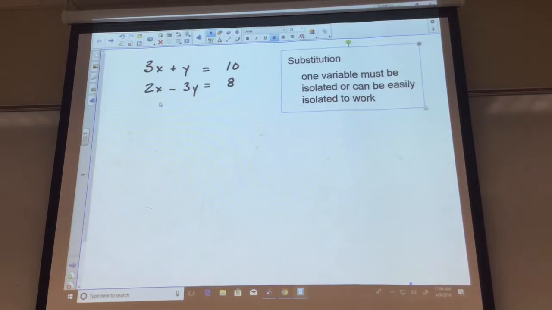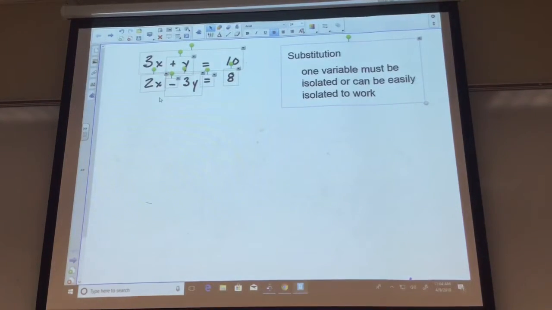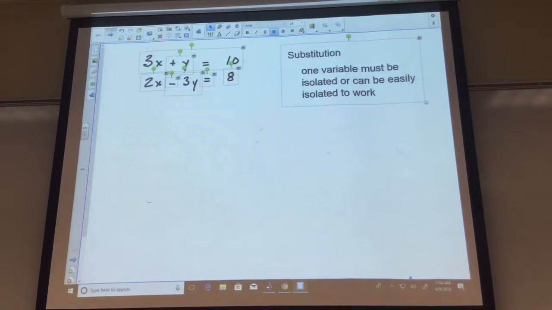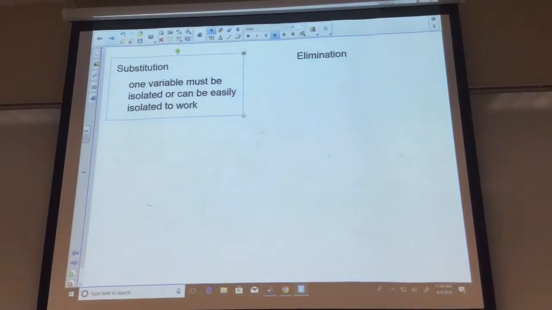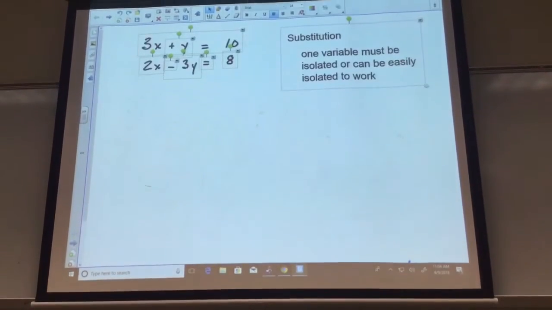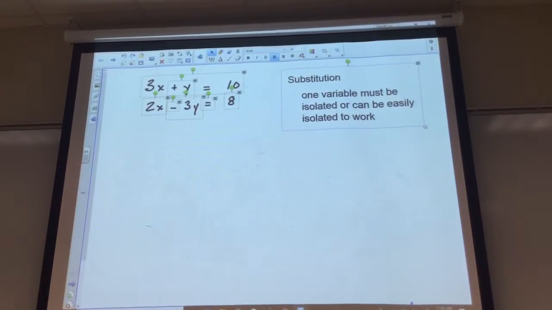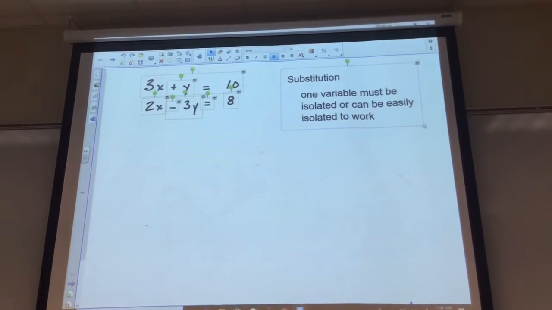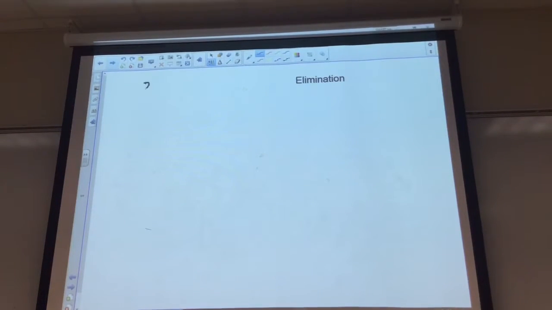One choice would be to use, actually what I want to do here is copy this for a second. Hang on, bear with me, because we're going to do this problem 2 times.